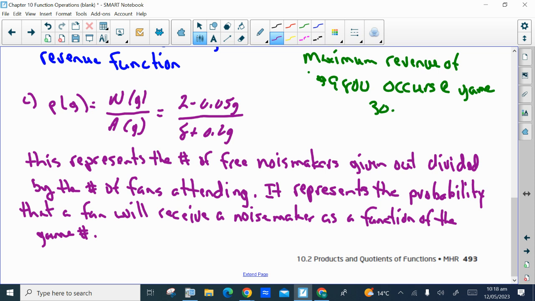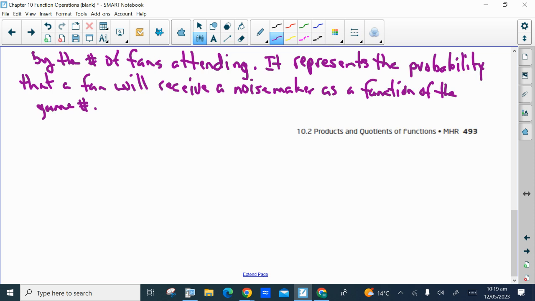So we want to know the chance of receiving a free noisemaker for a fan attending game 4. So this will be P at 4. So we're going to let G equal 4 in that expression.